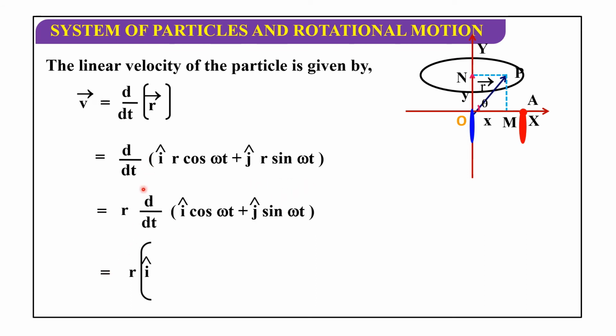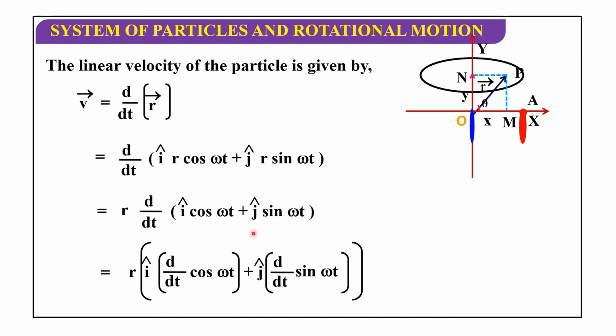That is equal to r of d by dt of i cap cos omega t plus j cap sin omega t. So this can be written as r i cap d by dt of cos omega t plus j cap d by dt of sin omega t. Now we are doing differentiation.